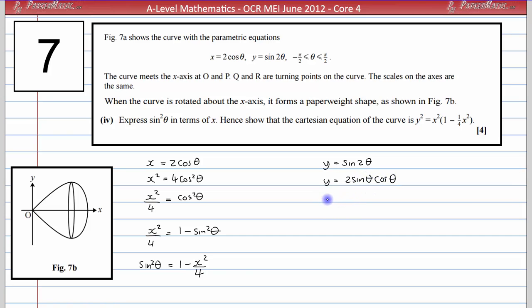Then if we square both sides, we get y squared equals 4 sine squared theta cos squared theta. And we know that x squared is 4 cos squared theta, so we can swap the 4 cos squared theta for an x squared. And we know that sine squared theta is 1 minus x squared over 4, or, as they've written up here, 1 minus a quarter x squared.